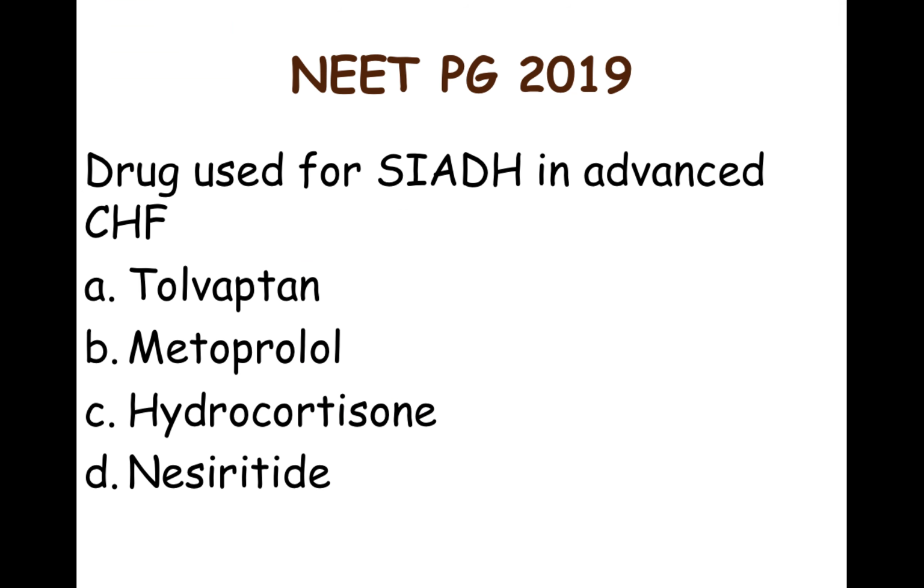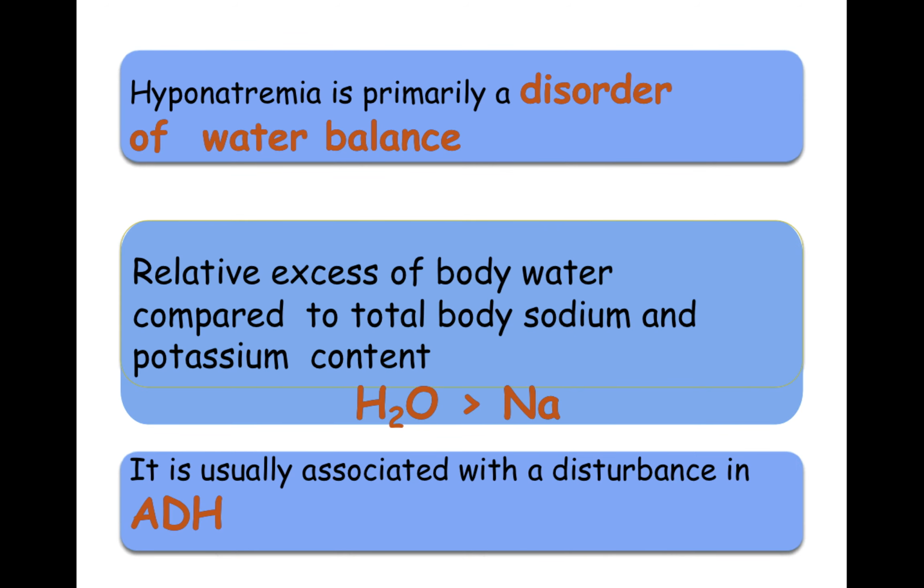So the question which came in NEET PG was: which drug is used in SIADH associated with advanced CHF? Now, first of all, taking you to a very important question for your exams, hyponatremia.